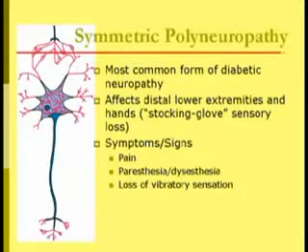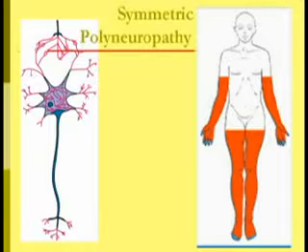We always think that it's largely in the lower limbs, which is not really true. About 40% of patients with diabetic neuropathy have upper limb involvement in addition, and the associated symptoms could be positive with that of pain, paresthesias and dysesthesias, loss of vibratory sensation, and this diagram of course shows you the typical glove and stocking distribution, and you should remember that it can go right up to the thighs and up to the shoulders in certain situations.